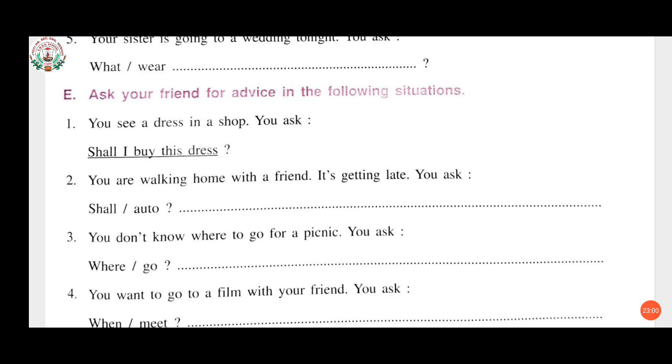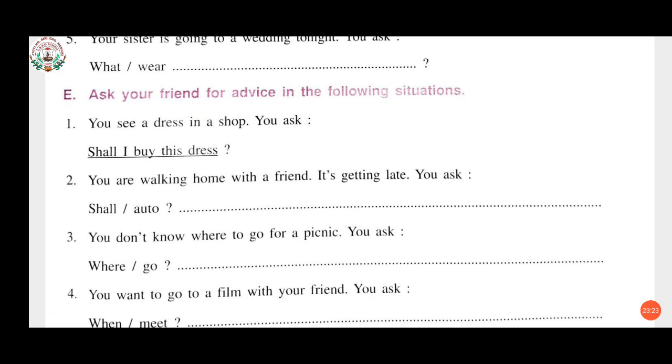E1 is what? Ask your friend for advice in the following situations. Like first one is given, you see a dress in a shop, you ask, shall I buy this dress? Then second, you are walking home with a friend. It's getting late. What will you ask? Shall we take an auto?